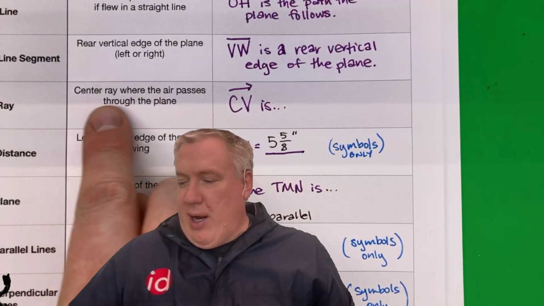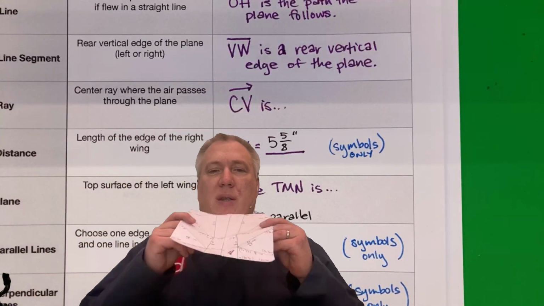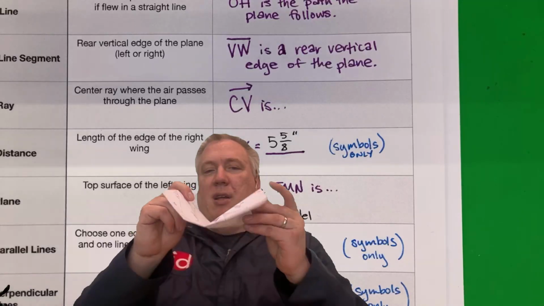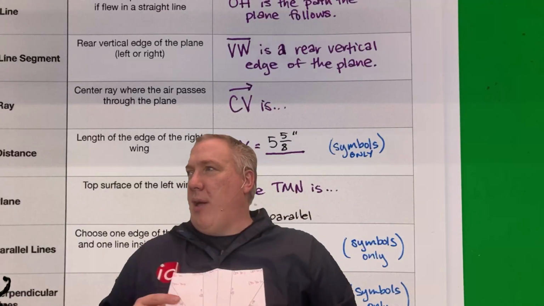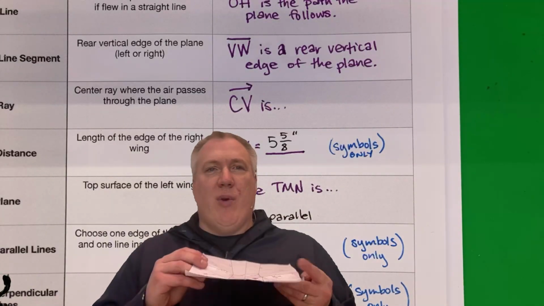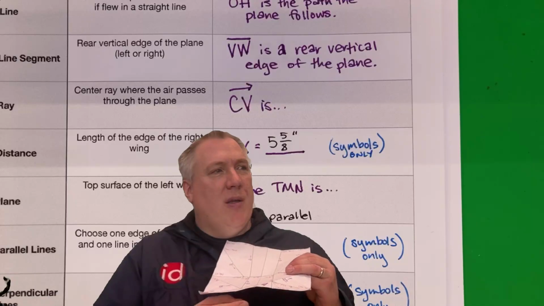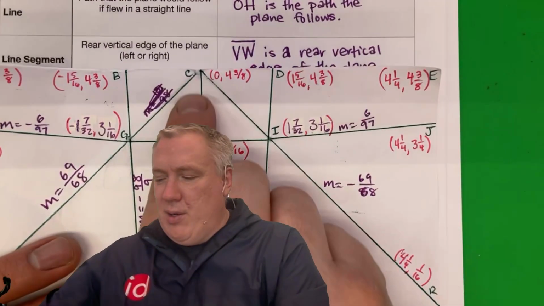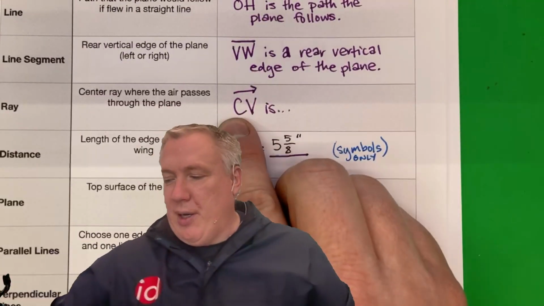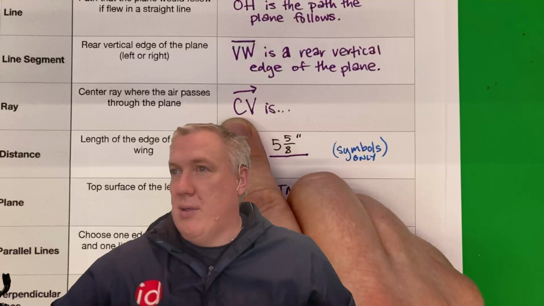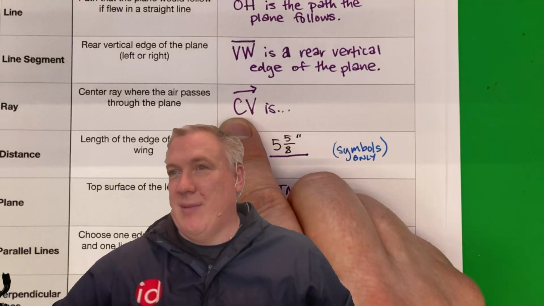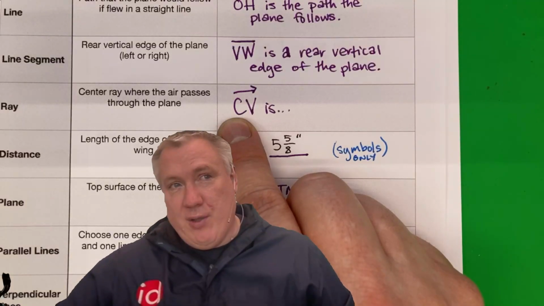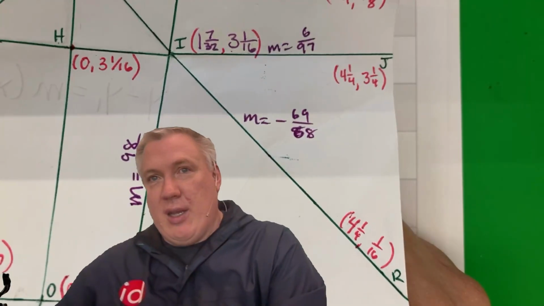The center ray where the arrow passes through the plane, whereas the plane is flying, it starts at what part of a plane? Where does the arrow first hit the plane? On the nose. So my nose is point C, so point C is first. Point C is first, because that's what's hitting the arrow first.